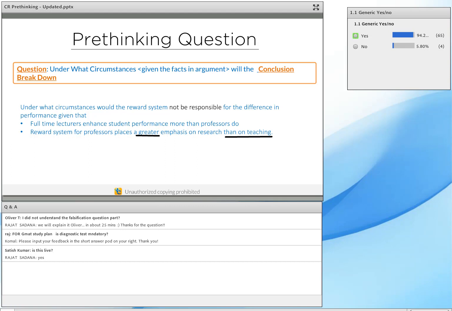Now look at the generic form of the falsification question, which is over here. And now look at the specific implementation of that falsification question over here. And then tell me, does this make sense to you?